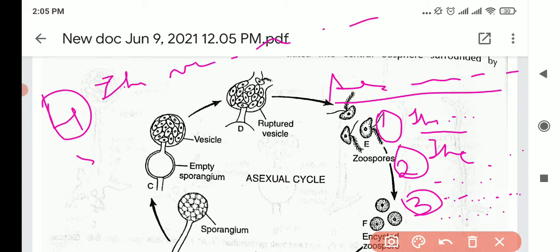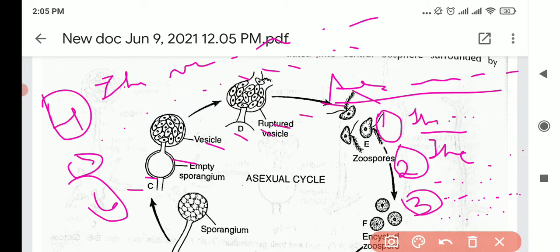Then you write, the zoospore will swim, rest and encapsulate itself. Then point number 6, the encapsulated zoospore will produce a germ tube and develop into mature hypha. So you've done all the points. Only 6 points are needed.